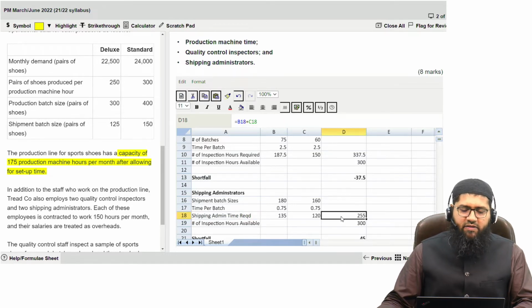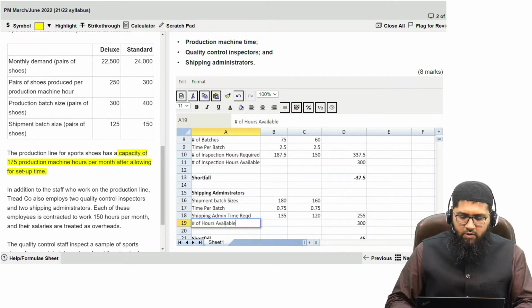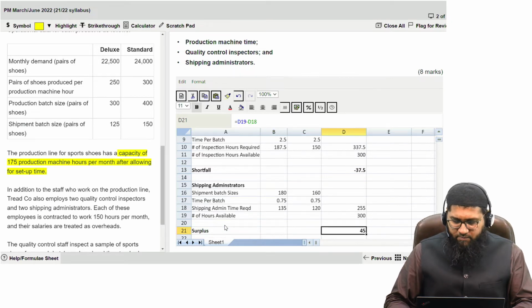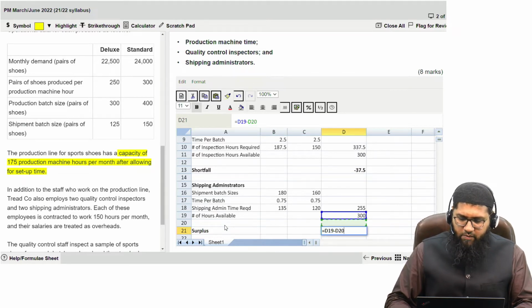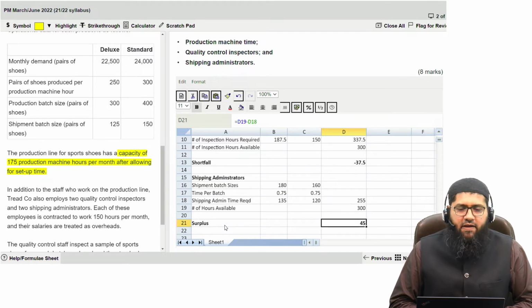So 255 hours are required. Number of hours available. The surplus is gonna be 45.